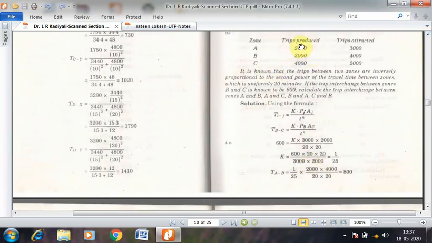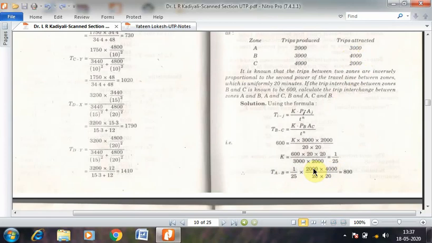P for A is 2000, so that 2000 would be written here. A_j, what's the destination here? Destination is B. For B it is 4000, so you will write that 4000 here.